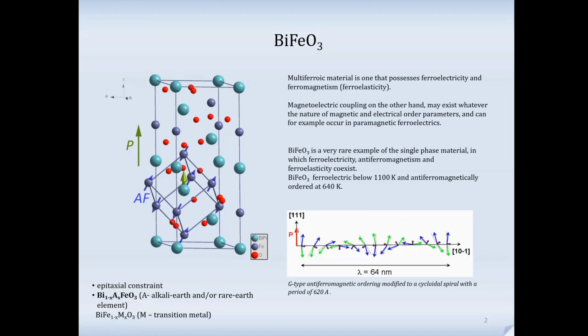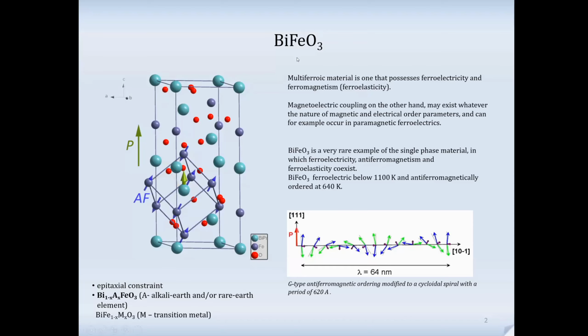So the idea of the scientists who operate with this material is to release remnant magnetization and to keep the polarization, the electric structure. And how can we do it? There are several ways. We use chemical substitution. We have some experience with chemical doping of the initial compound, bismuth ferrite.